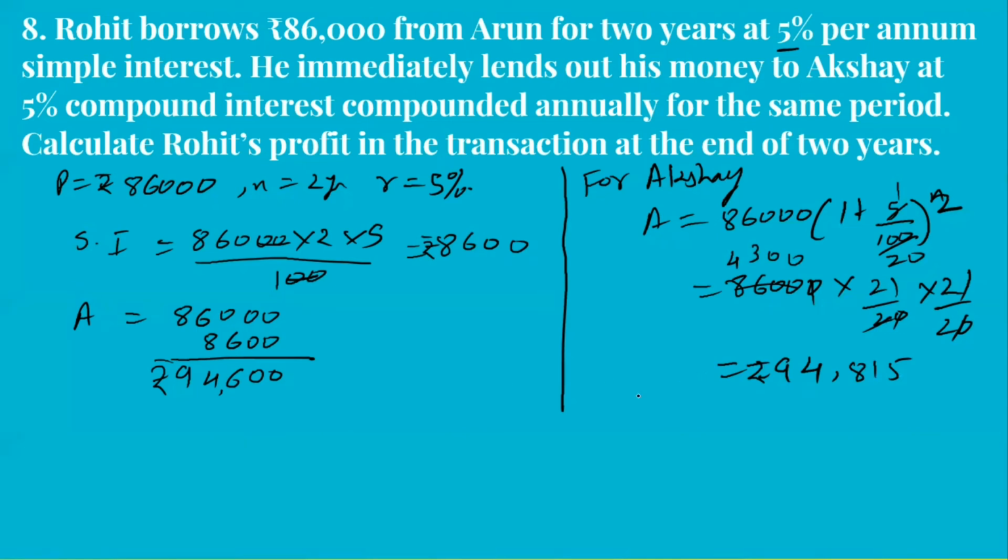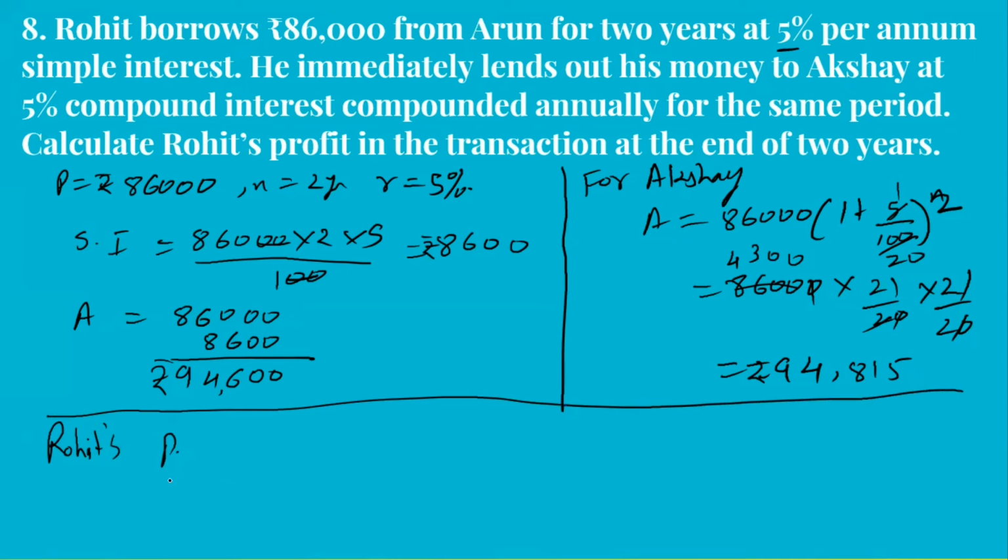So what is the profit that he has got? So Rohit's profit is equal to the amount that he's going to get from Akshay, 94,815, minus the amount that he has to pay to Arun, which is 94,600.